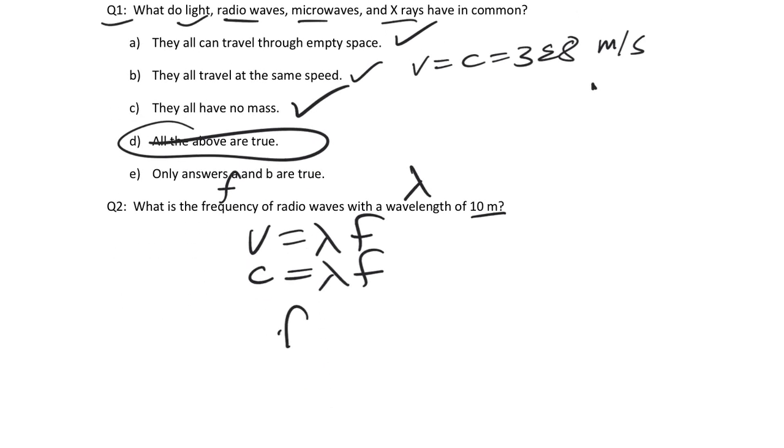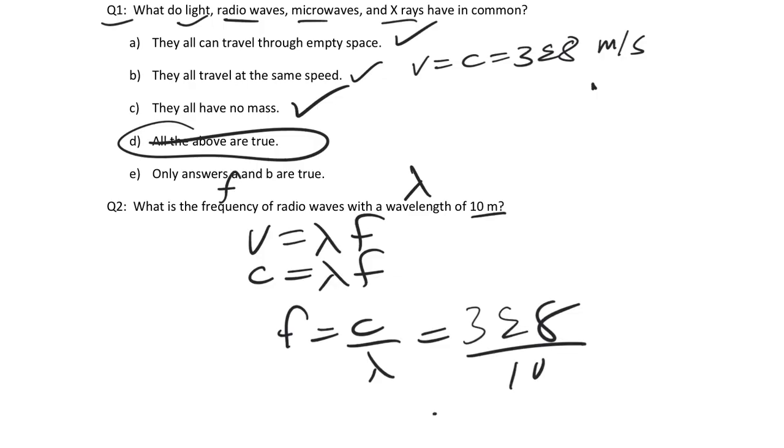So the frequency is c divided by the wavelength, so it's 3 e to the 8 divided by 10. So that'd be e to the 1. So that'd be 3 e to the 7 hertz.